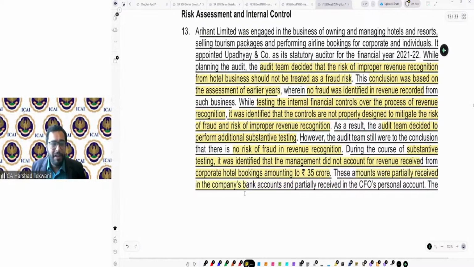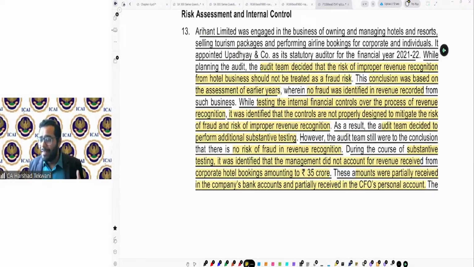Partial amounts were received in the company's bank account and partially in the CFO's personal account. Now, what will you say on this particular issue? If I ask you to comment on this.